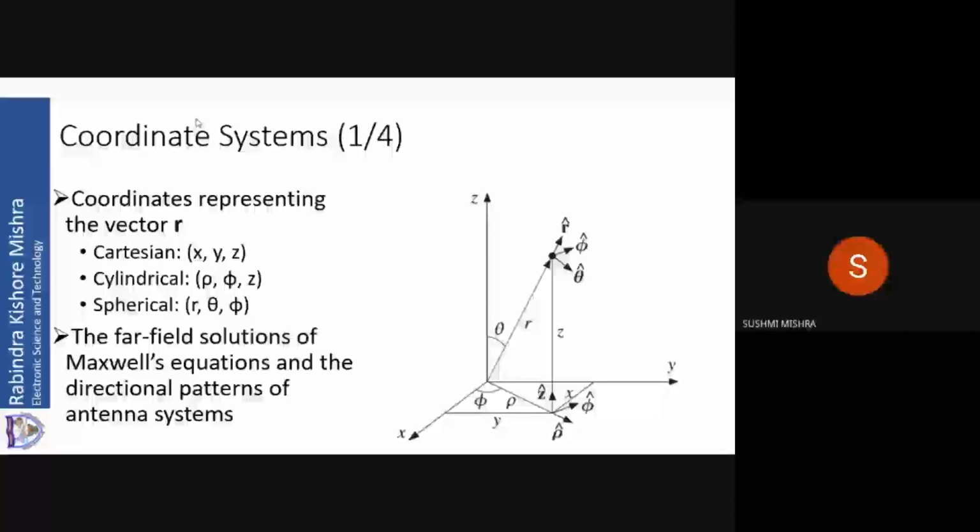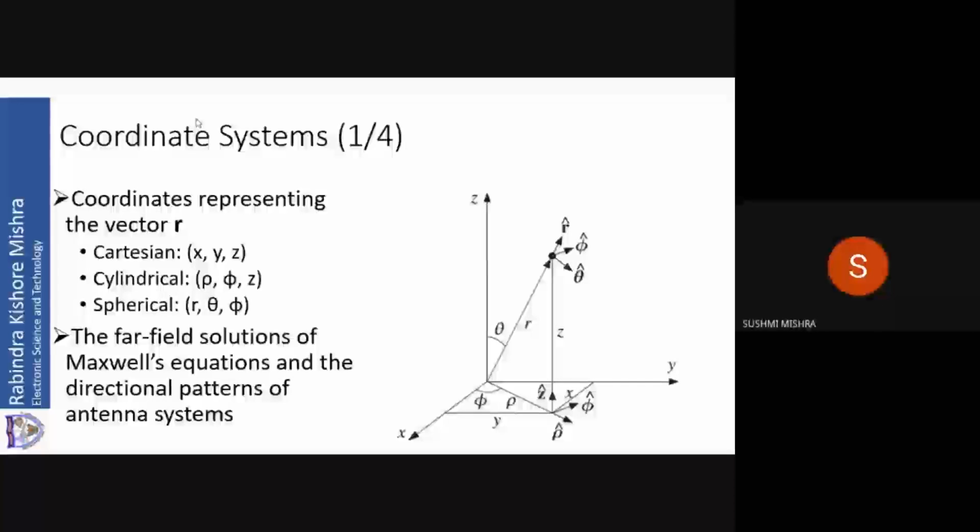So we'll try to find out the relations between these coordinate systems. But remember that our aim is basically finding the far field solution. Why will we do that? Basically to find the far field solution of Maxwell's equations and the directional patterns of the antenna systems. So keeping this in view, we will discuss the coordinate systems.